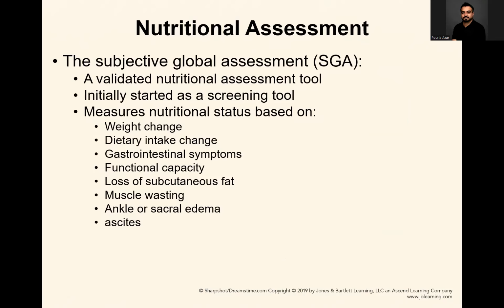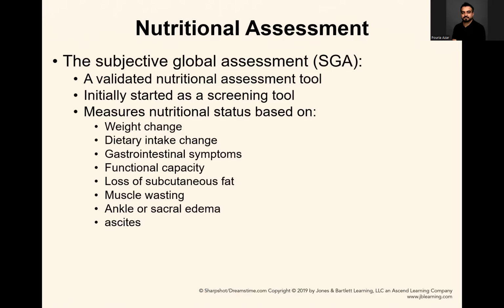Initially, it was used as a screening tool, but right now we are using SGA as a nutritional assessment tool, and it measures nutritional status based on weight change, dietary intake change, ankle edema, ascites. Ascites is the edema in the belly area.